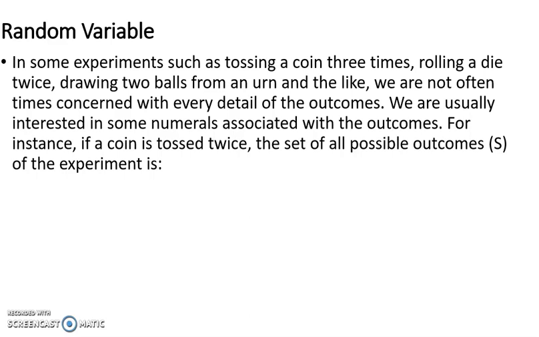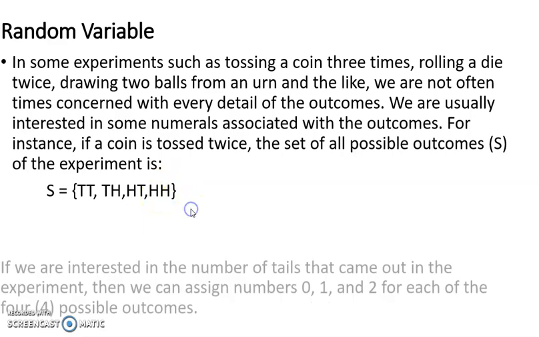coin is tossed twice, the set of all possible outcomes of the experiment, which we denote by capital letter S, is S = {tail-tail, tail-head, head-tail, head-head}.